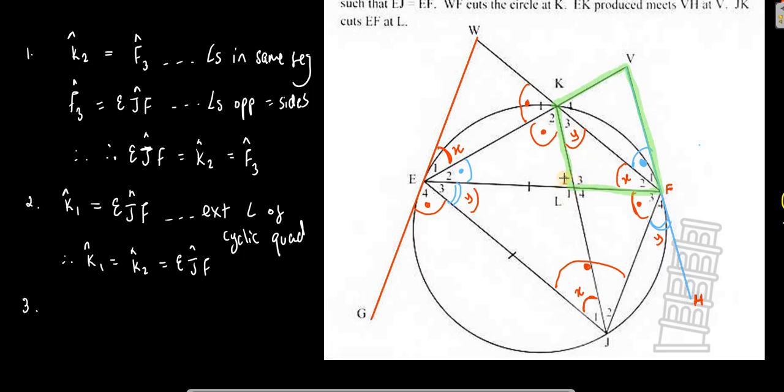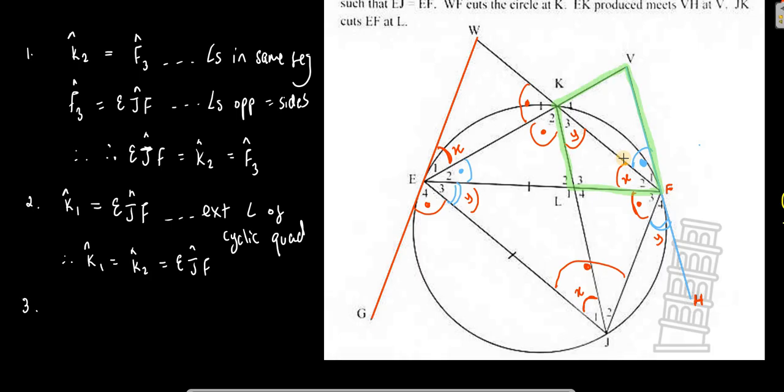Or if we can prove that maybe L2 was equal to angle V. But hey, L2 and V, how can you relate those two? We can also prove that this and that add up to 180, but because we don't have any angles, it's going to be impossible for us to prove that those add up to 180.